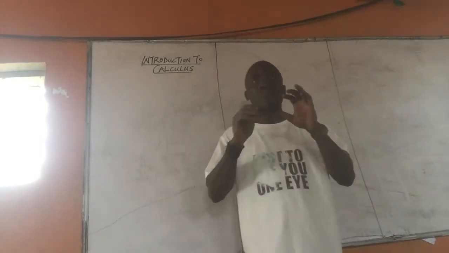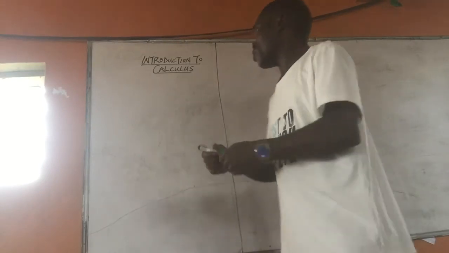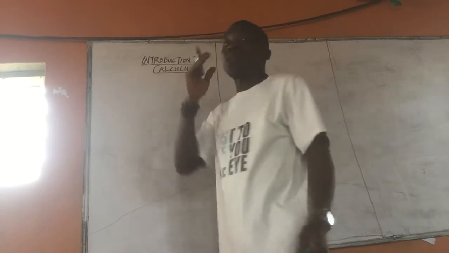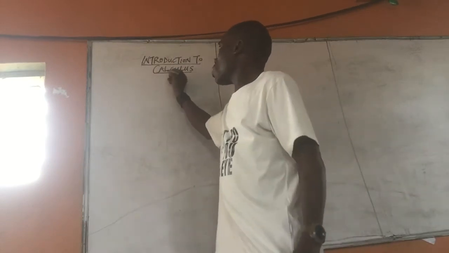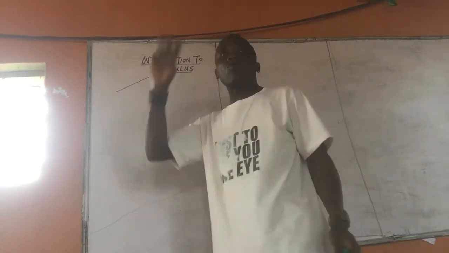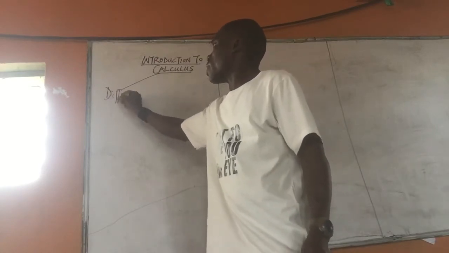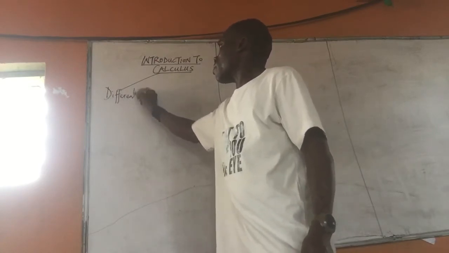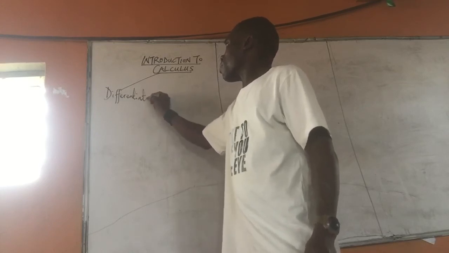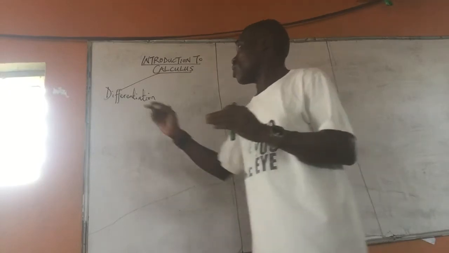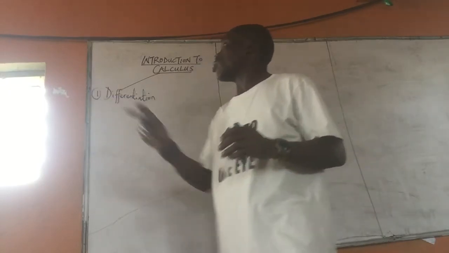Now, starting with the rules of differentiation. Like I said before, calculus is divided into two parts. We have what is called differentiation, which is the first part of calculus.